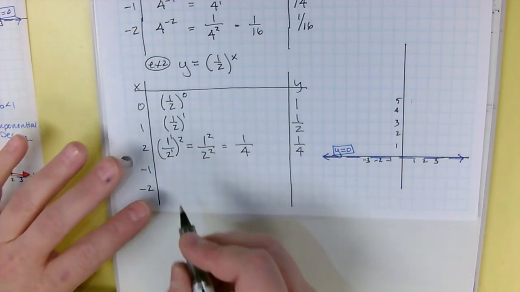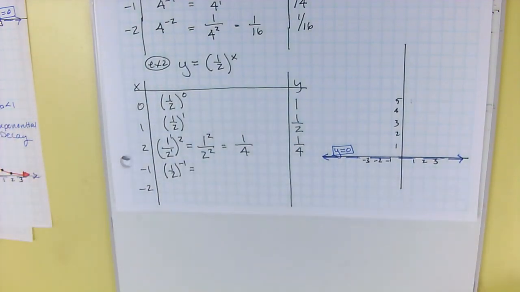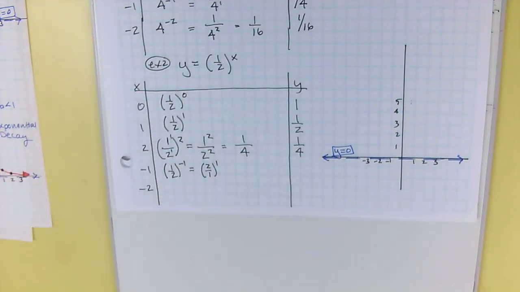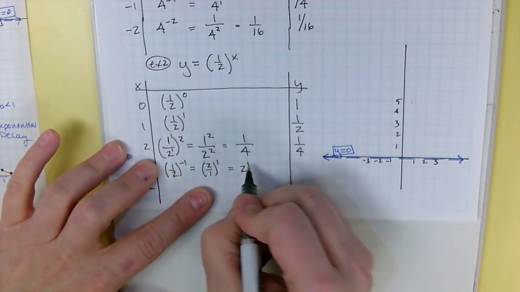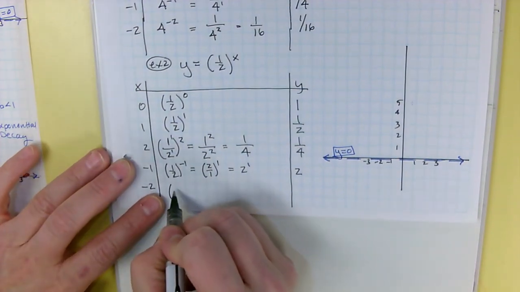Okay, now we're going to do the -1. 1/2 to the -1. This is where we're going to use our nifty shortcut. Flip it. 2 over 1. The 1 is now positive because you flipped it. And 2 to the power of 1 is a 2. Pretty nifty shortcut.